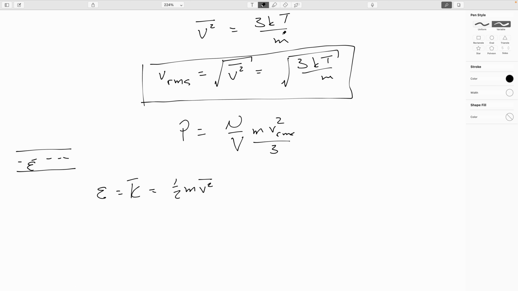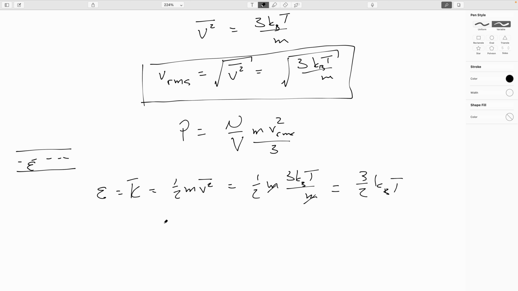But from here, v squared bar is 3kT over m. So this is going to be 1/2 m times 3kT over m. I can cancel the m's and be left with 3/2 kT.